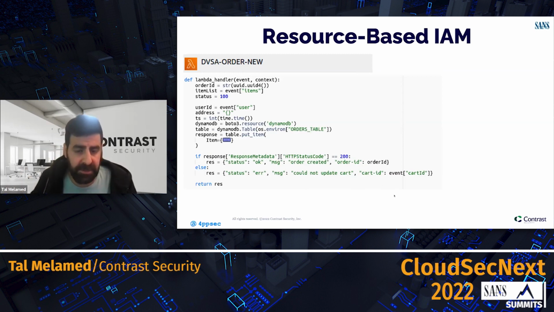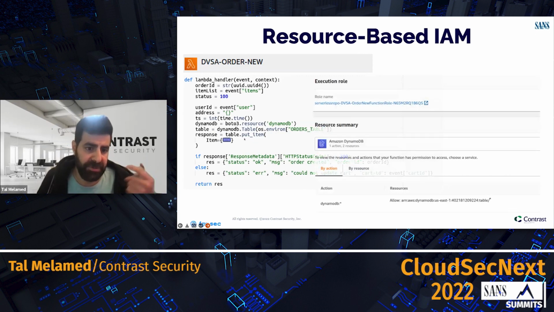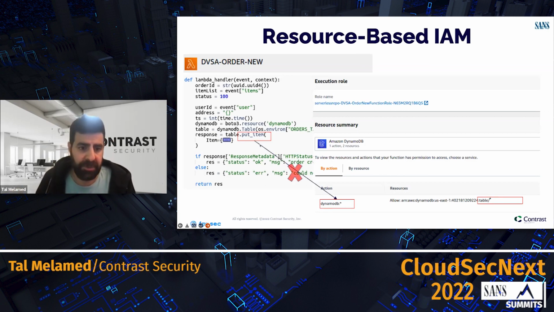Each function must have its own IAM policy to allow it to perform actions inside the cloud. Here we have a 20-line function which has just one API call, PutItem, which is writing one entry into the database.